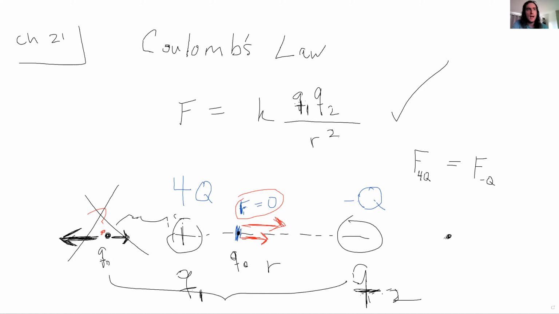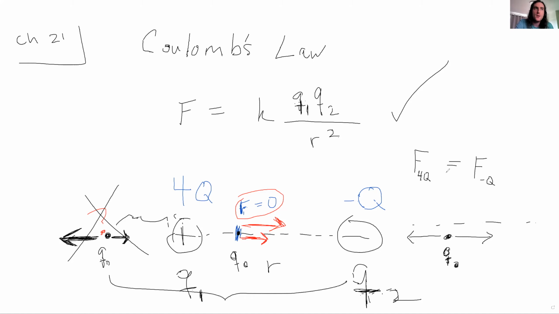Okay, so now I have a clear picture of what's going on here. I can figure out where that force is going to be zero now. So this is my Q0 now. Let me try and make it look decent. This is my Q0. Now I know, okay, I'm closer to this one, so this force can be this big. The repulsive force can be this big. They can match. Somewhere in this region here, they're going to match.